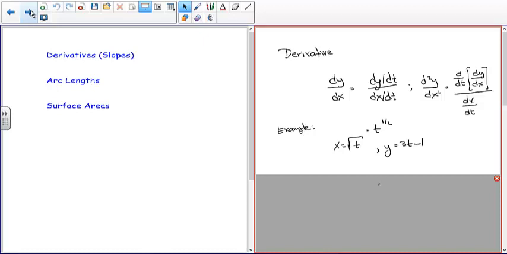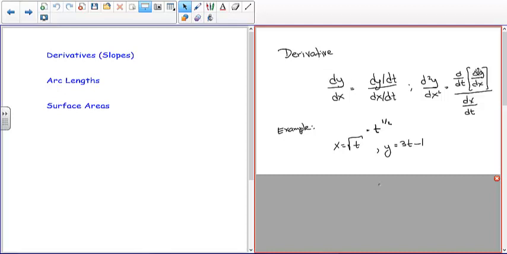And if you want to take the second derivative, so you want to know something about the curvature and the concavity, d squared y over dx squared, first you take dy/dx using the previous step, and then you take the derivative of that with respect to t, because this dy/dx expression will be a function of t.